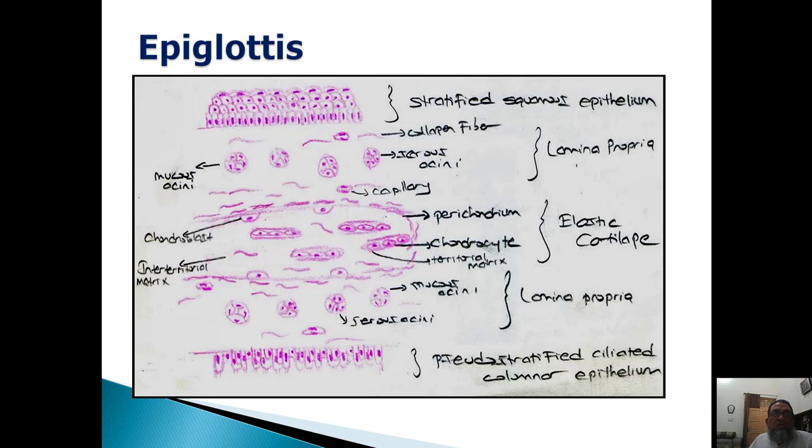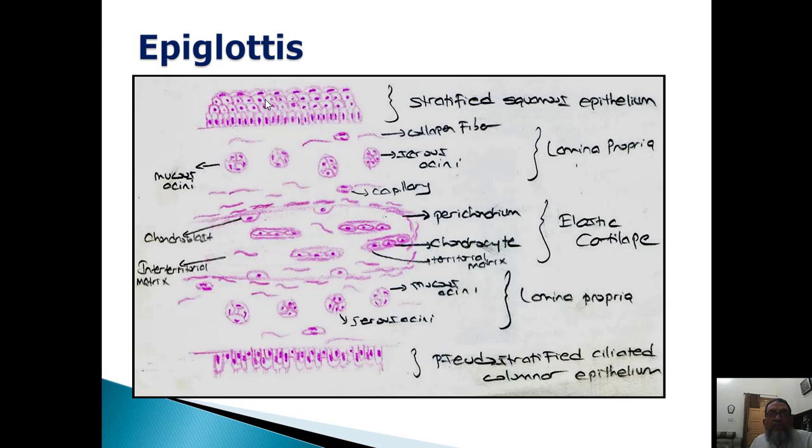In this case, the epiglottis is important histologically because it has a double epithelium. The surface related with the posterior surface of the tongue and aryepiglottic fold has stratified squamous epithelium, usually non-keratinized, but in patches at the apex there is keratinization, because there is constant friction over there.